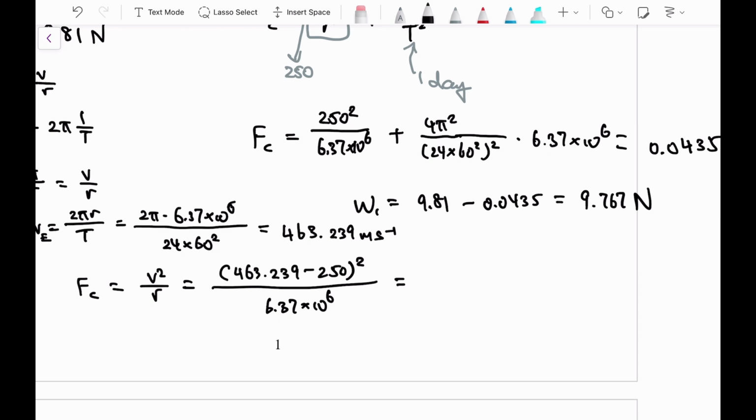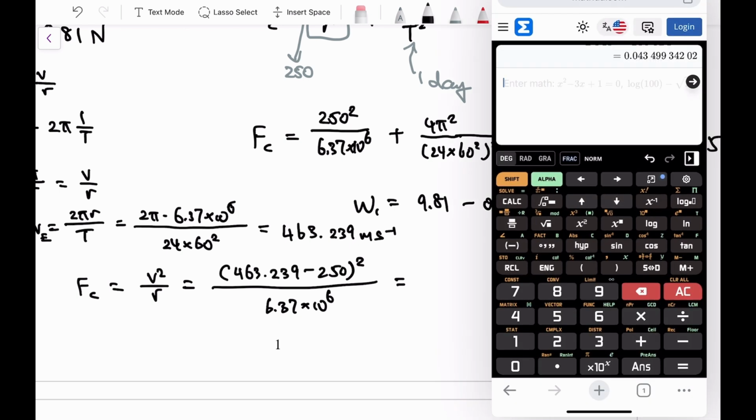Then we can plug this into a calculator. 250 squared over 6.7, okay.